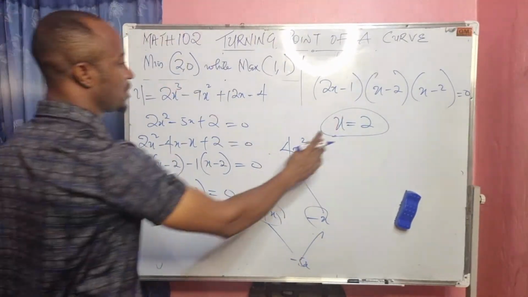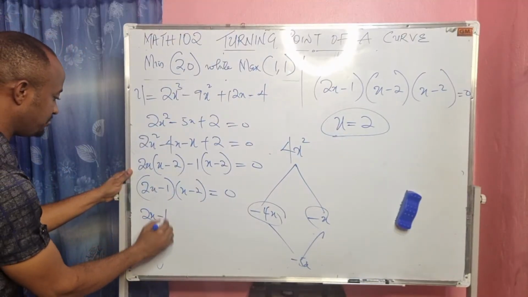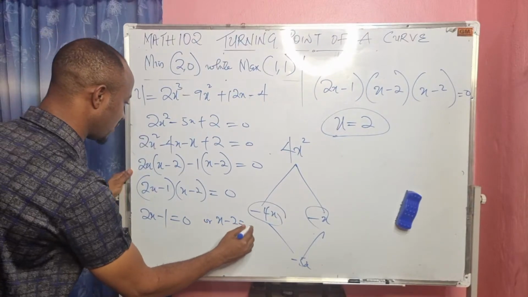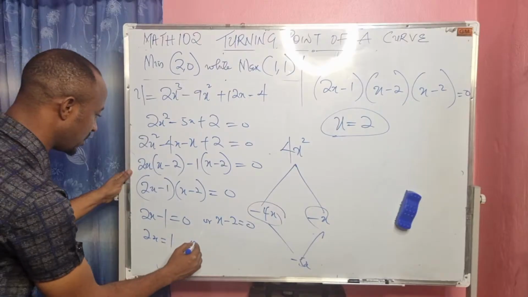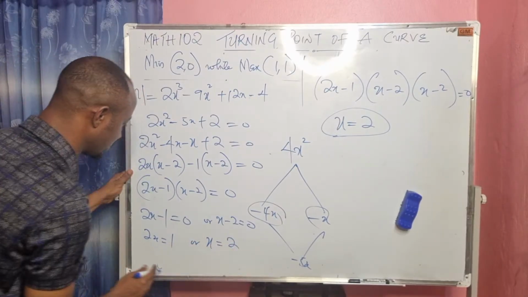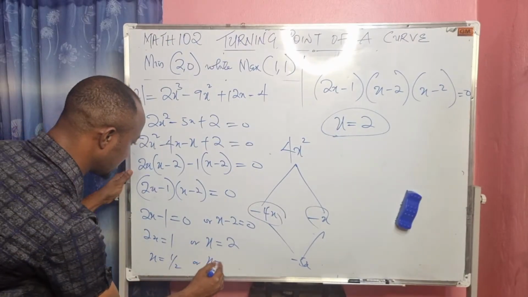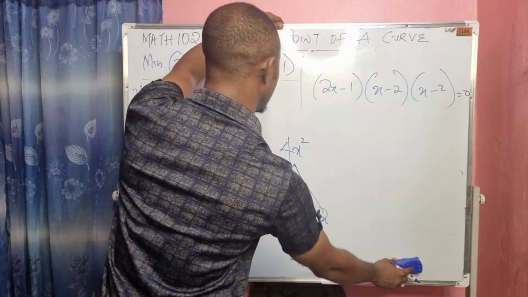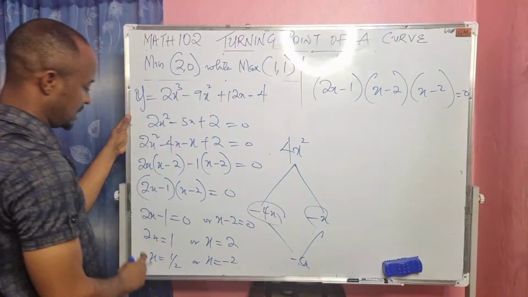The first factor we got is x equals 2. So 2x minus 1 equals 0, or x minus 2 equals 0. So here we have 2x equals 1, or x equals 2. That means x equals 1 over 2, or x equals 2.